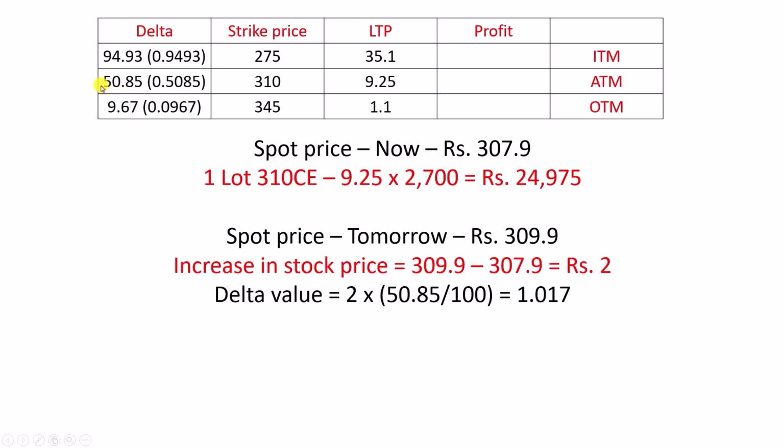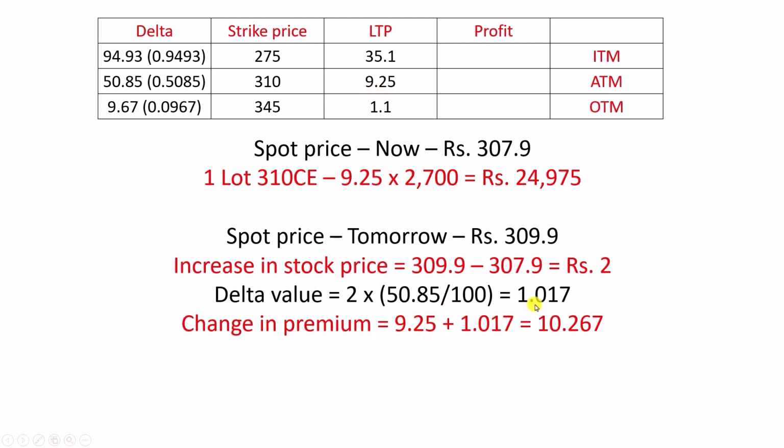Start with the dot, 0 point, then whatever value you have. So this will not be 0.9, this will be 0.09. So 2 into this much, which is 1.017. So the delta value is 1.017.